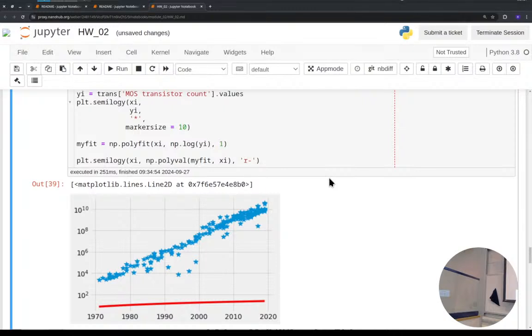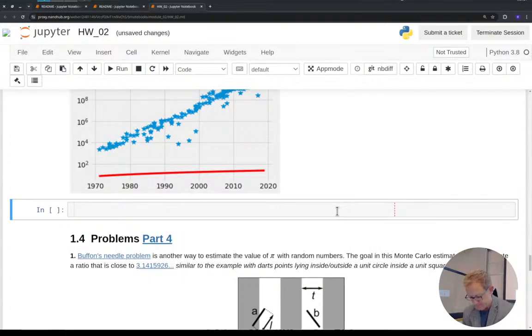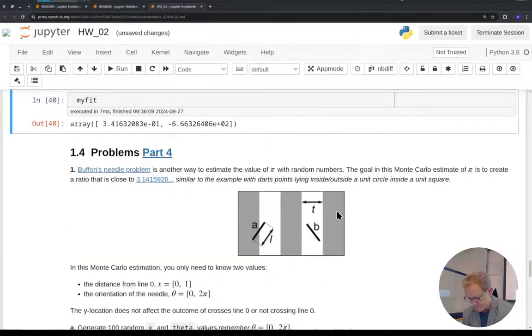I mean, we have a y-intercept, right? If I look at the output of polyfit, or sorry, this myfit data below, I see that the slope is 0.34 and the intercept is negative 666. 666, the mark of the devil, the computer taking over the world.